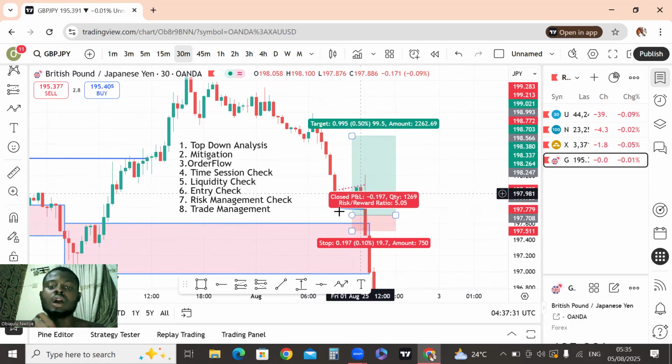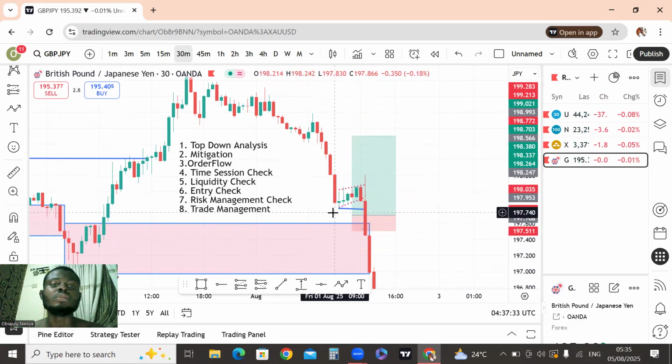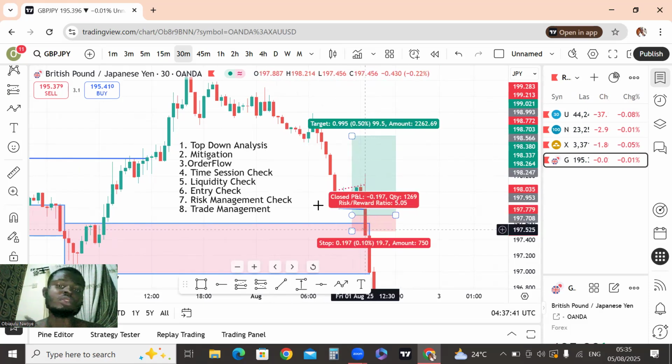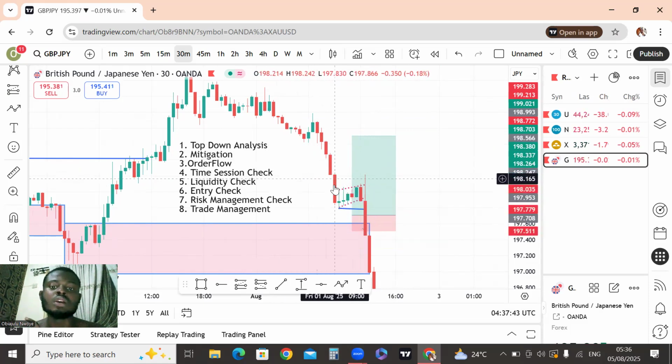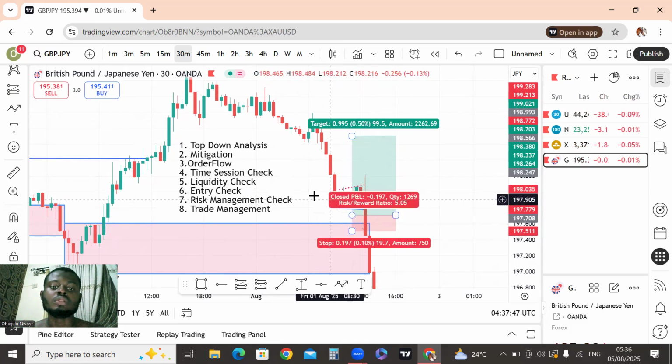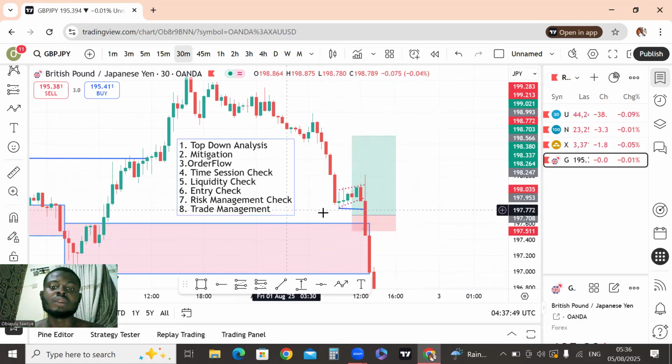But what I should have done was to wait on this M30 to see if this lower low, this internal structure, will be broken. Because the way this trade happened was that the market printed these bearish candles, printed this trendline liquidity that we are seeing here.